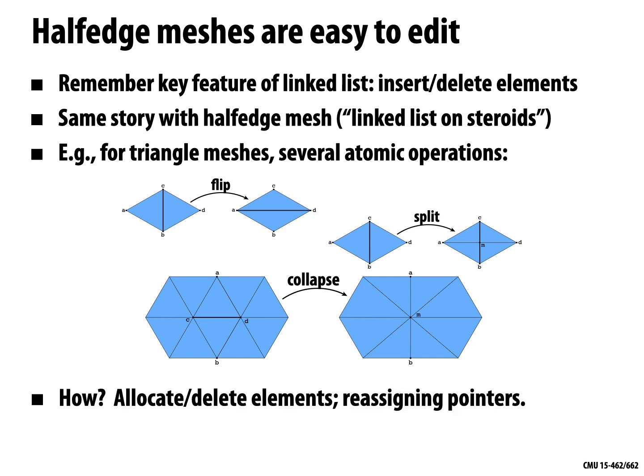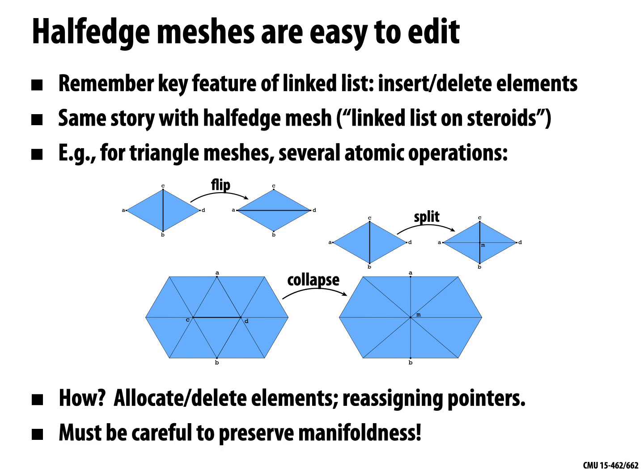How do we implement these kinds of connectivity modifying operations with a half-edge data structure? Well, if we're doing it in a language like C or C++, what we're going to do is allocate or deallocate elements and then reassign some of these half-edge pointers. And we just have to be really careful that we preserve manifoldness, that we assign these pointers correctly so that they satisfy these basic invariants that we talked about before.